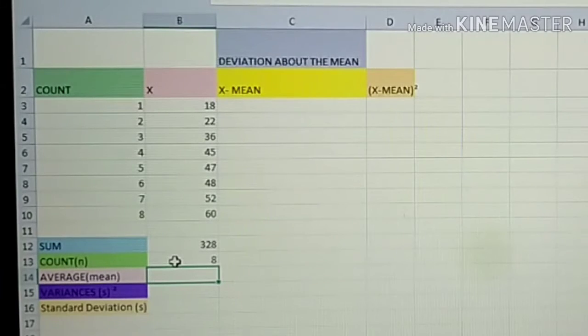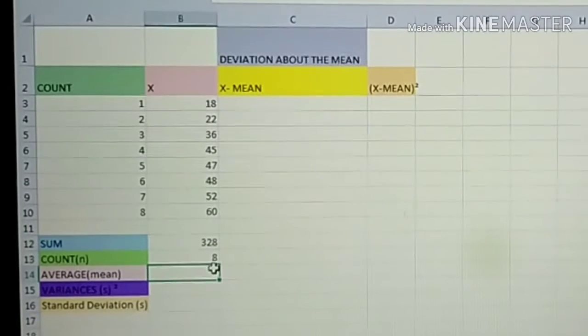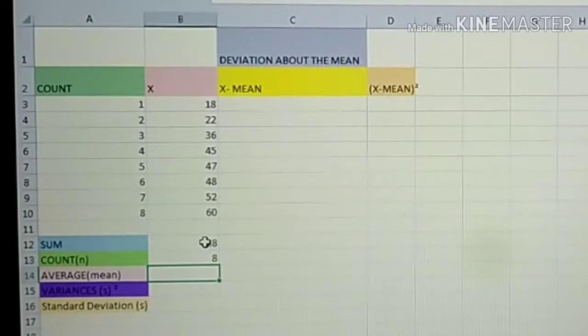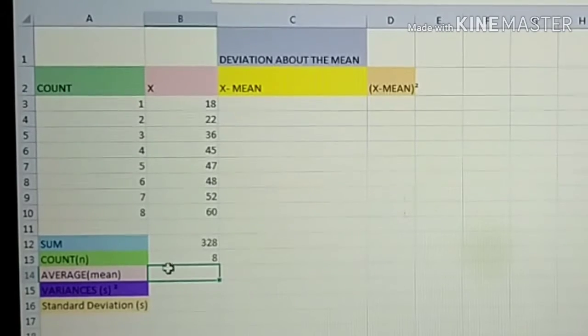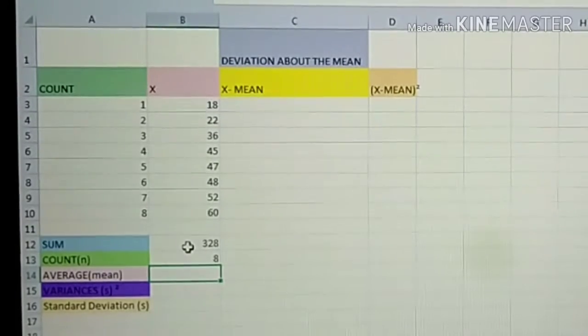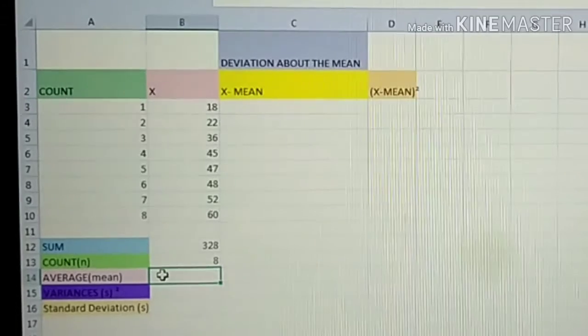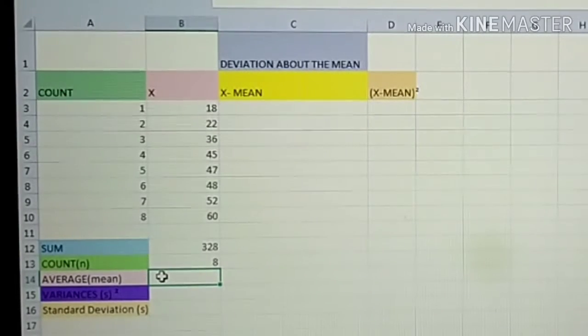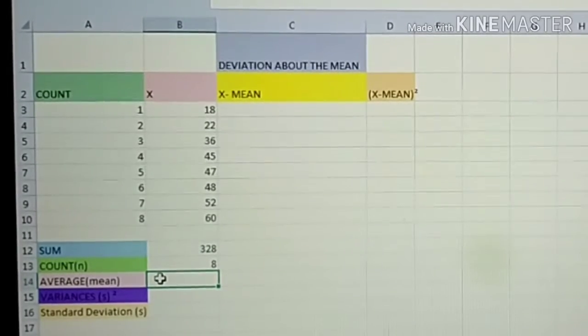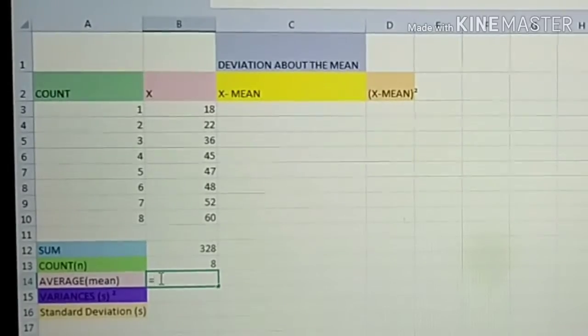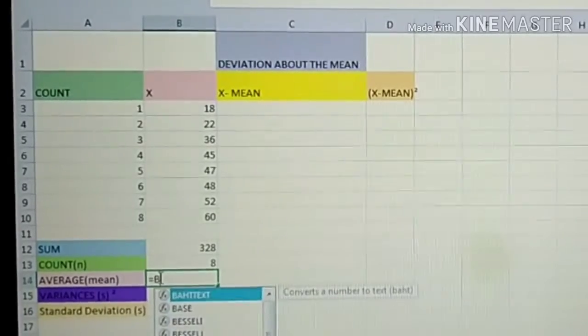Okay. Then, the average. So, how can we find the average? We will divide the sum and the count. So, we will put this formula, B12.